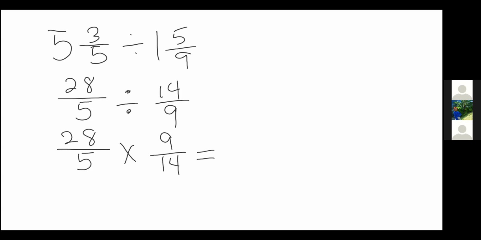Cross divide if you want. We could say 14 into 14 is 1, 14 into 28 is 2. And then we say 2 by 9 is 18, 5 by 1 is 5, and then 5 could go into 18 3 times. That's 15, minus from 18, that would be 3 over 5.